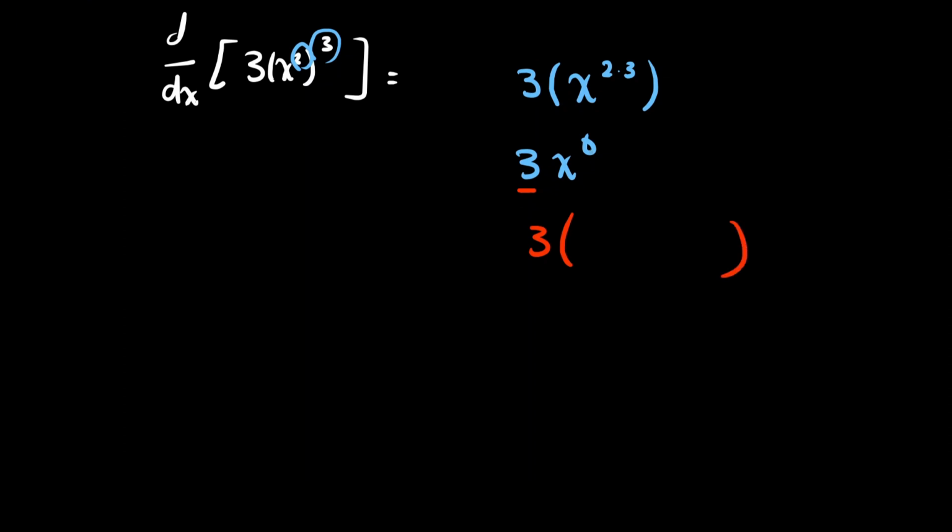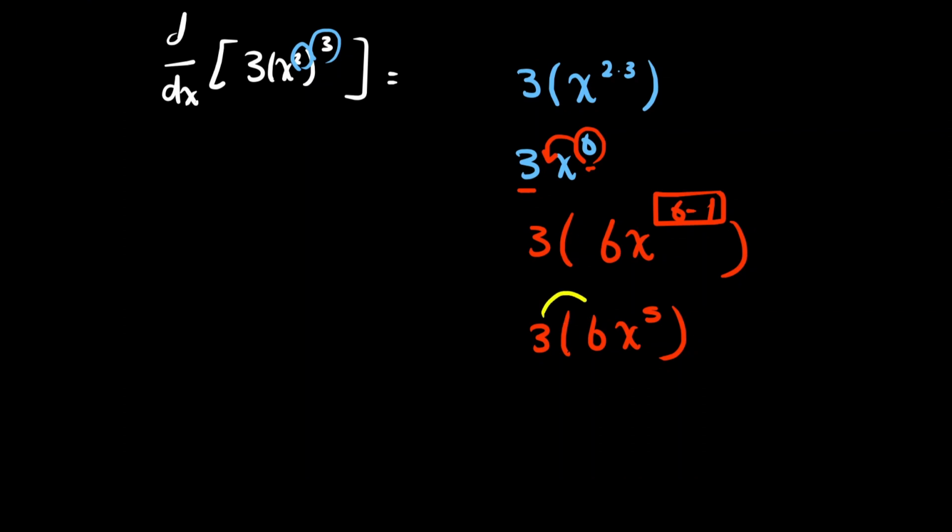Open two brackets, take this power, place it beside the x, so it's 6x. Subtract 1 from the main power, which is 6. So it's 3 multiplied by 6x power 5. Just multiply 3 and 6. So it equals 18x to the power 5.